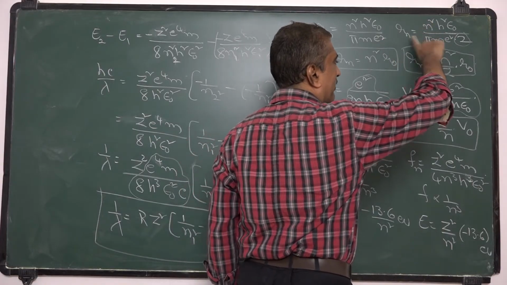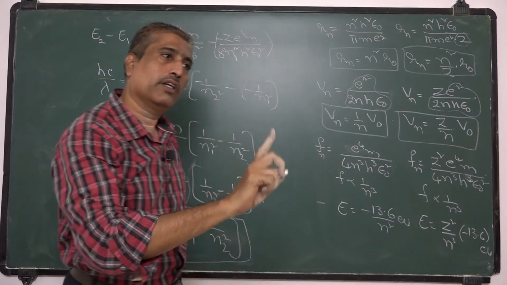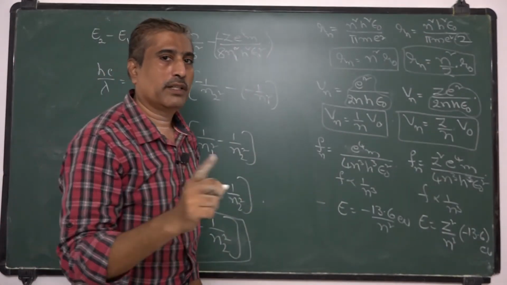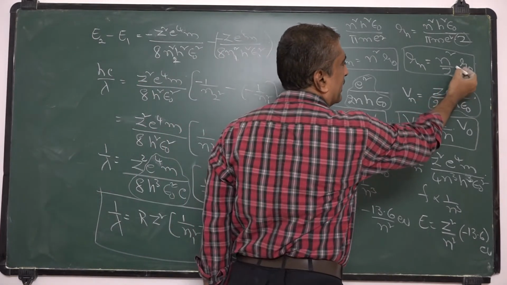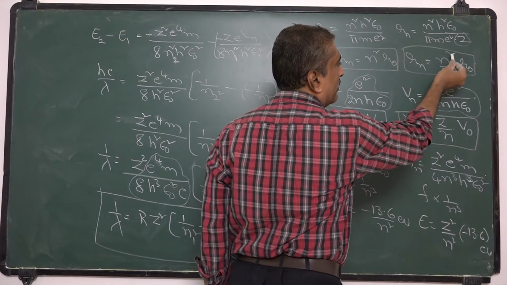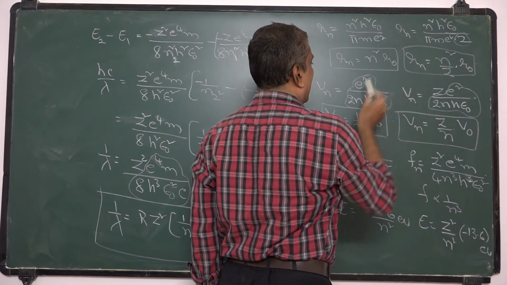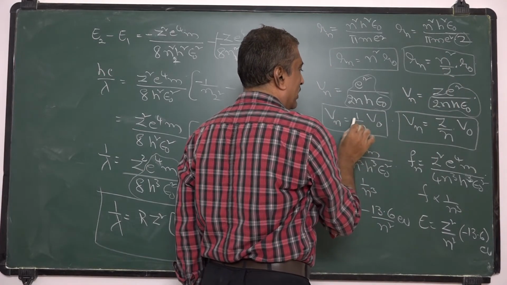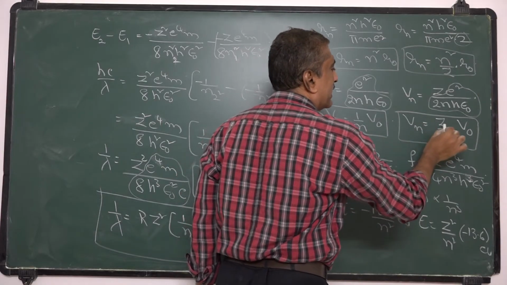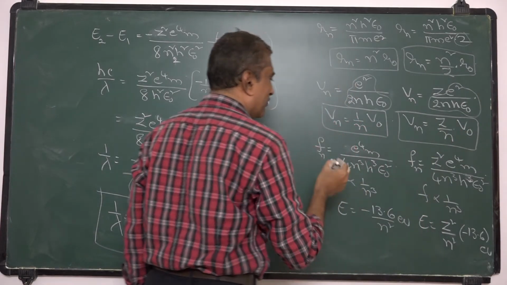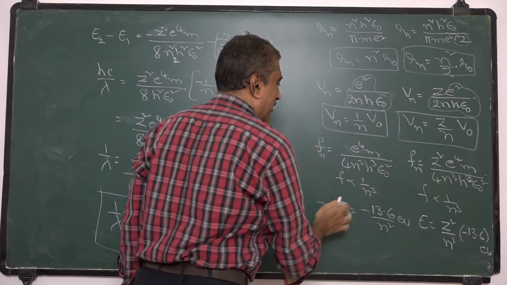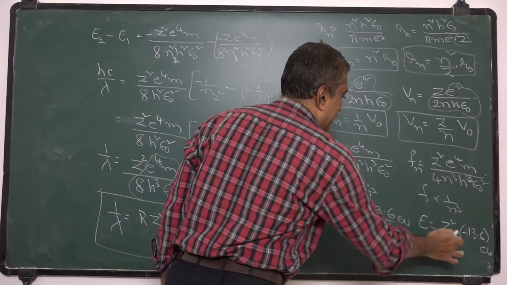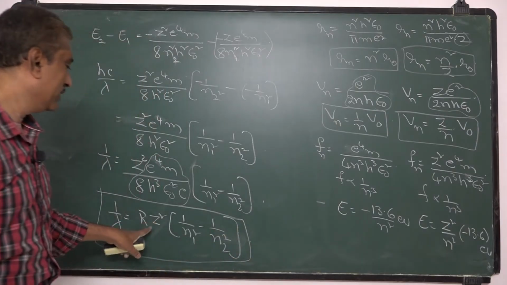But in the case of an electron revolving around a nucleus of atomic number Z, or Z number of protons, we write Rn is equal to n square r naught by Z. In the case of velocity, we have 1 by n v naught here, and Z by n v naught. And for frequency, energy and wave number, we have these comparisons.